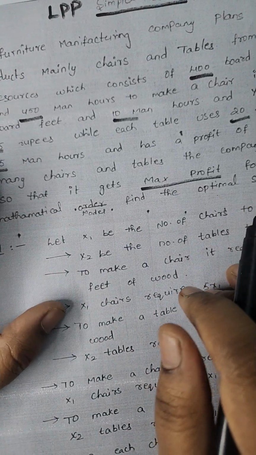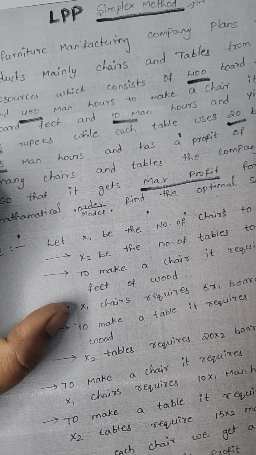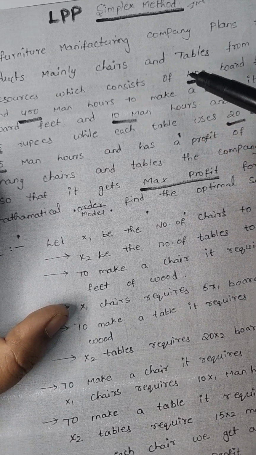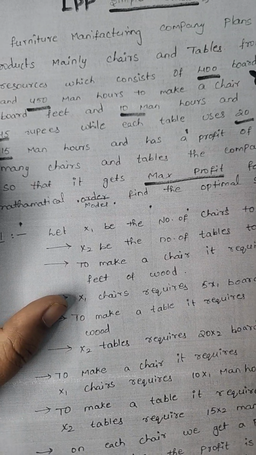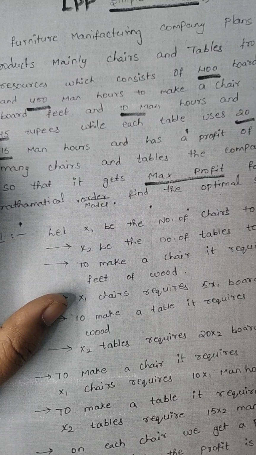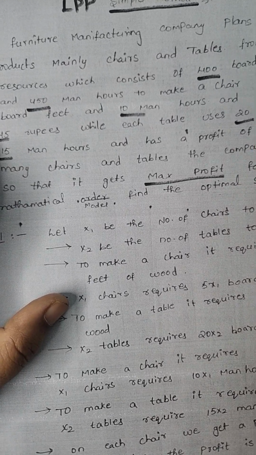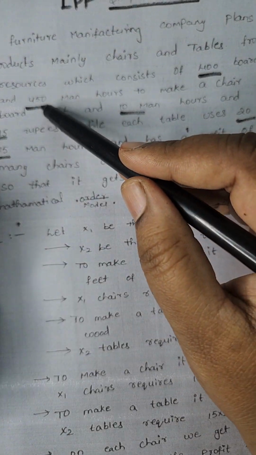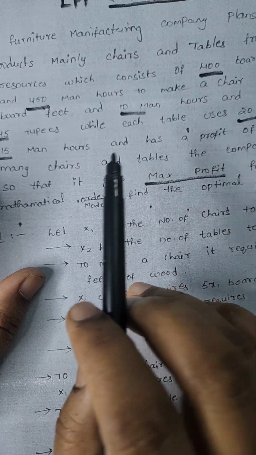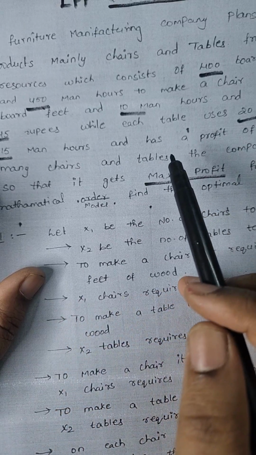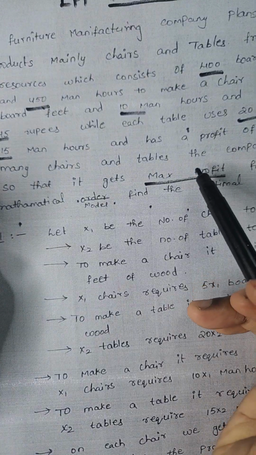So this is a furniture manufacturing company problem. It wants to manufacture two types of products, chairs and tables. To make chairs and tables, it requires man hours and board feet of wood. Here they have 400 board feet of wood and 450 man hours available. Then the data is given on how much wood and how many man hours are required to make a table and a chair.